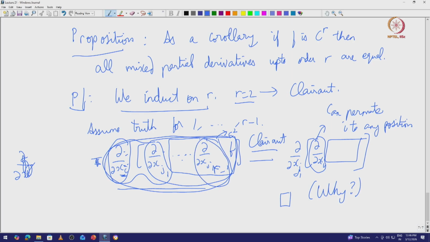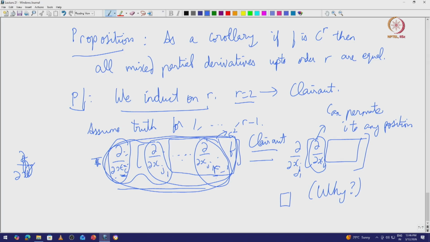The claim is you can take this and bring it back to the position of where i was. That is, you can perform an interchange of two things using this process. How? You put i in its place, this will be somewhere.